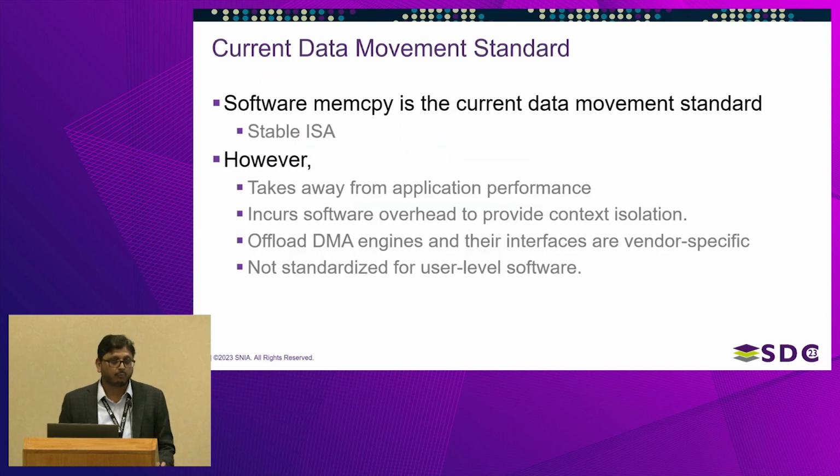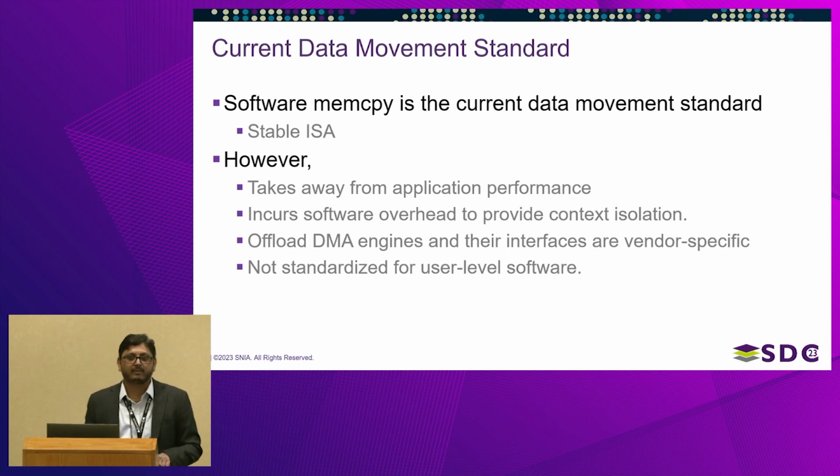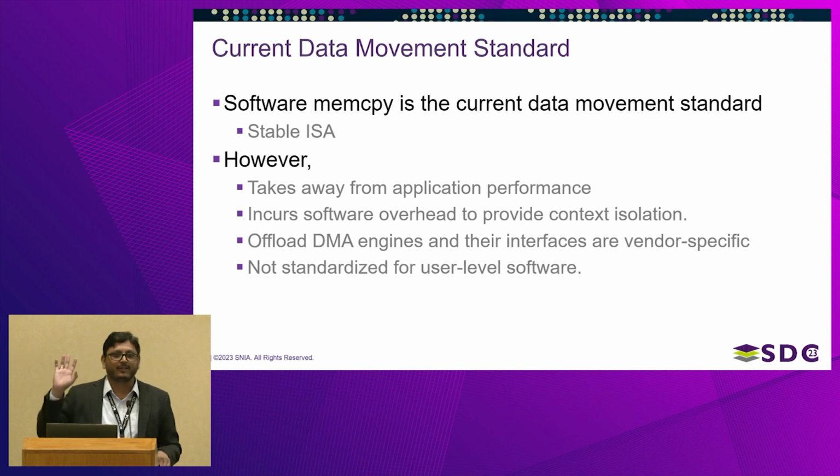If you look at what our data movement standard is today, it's a software-based memcopy. Does anyone disagree? It's a trick question, but it is what it is, because for many years we've had very stable instruction set architectures.